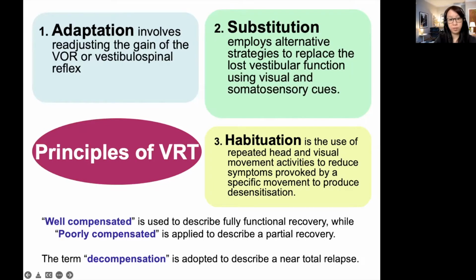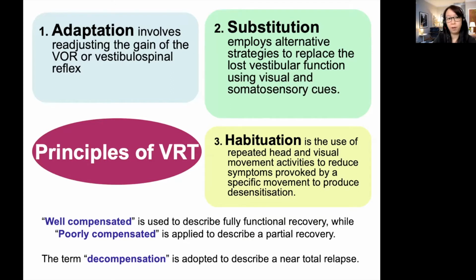So what are the principles of VRT? Number one, adaptation, which involves readjusting the gain of VOR or vestibular spinal reflexes. I think the audiologist understands all about the gain of VOR, especially since that's what you report in your test. Then we have substitution, where you employ alternative strategies to replace the lost vestibular function using visual and somatosensory cues.